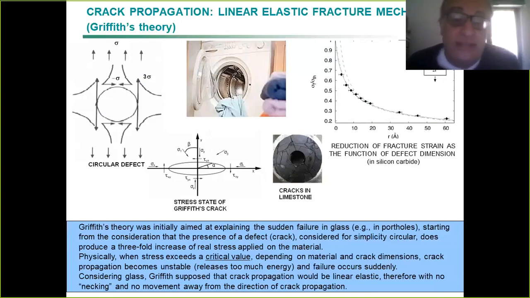And of course, when it exceeds a critical value, the crack propagation becomes unstable because we exceed the stress intensity factor, and in the end, a failure occurs. Griffith made a number of simplifying assumptions that there was no necking, there was an elastic propagation, and so on.